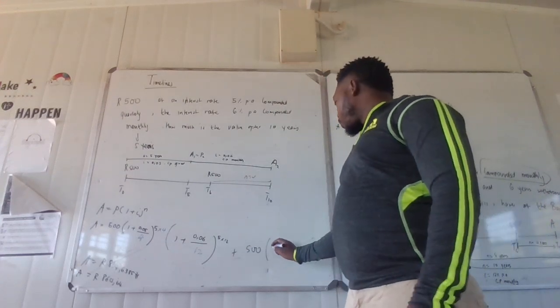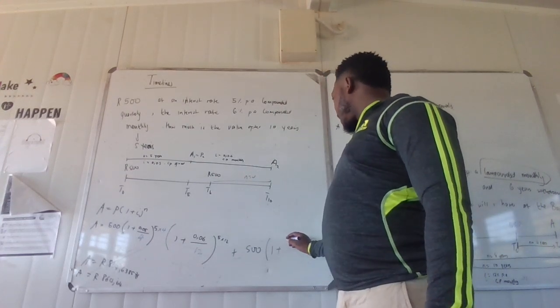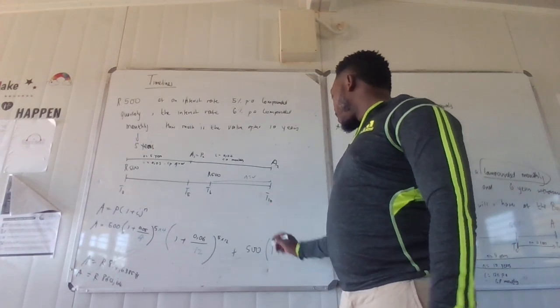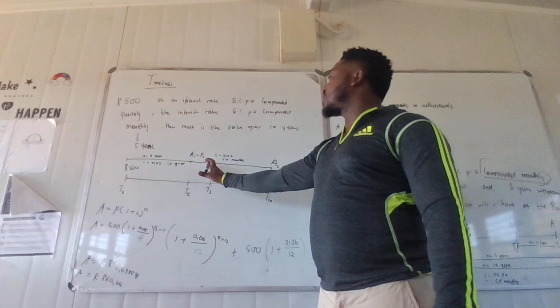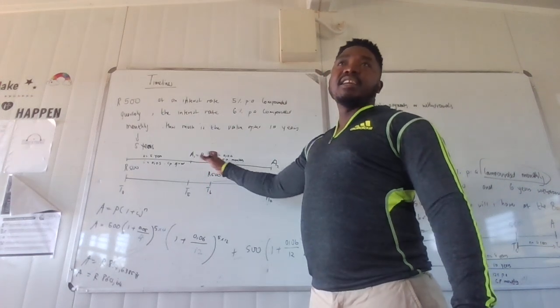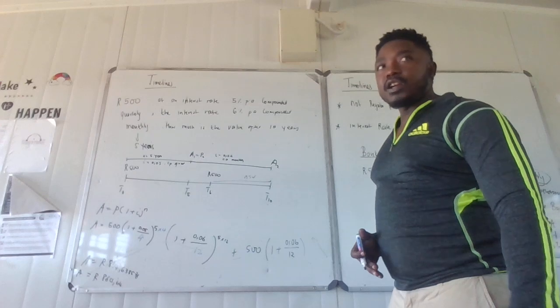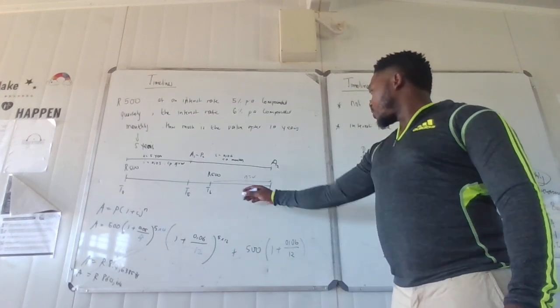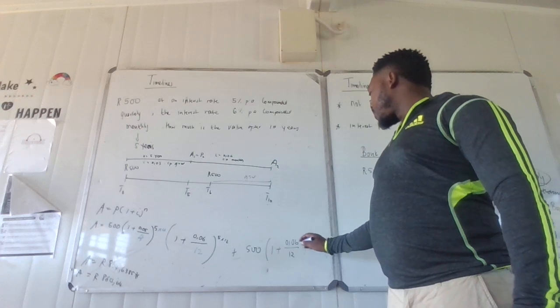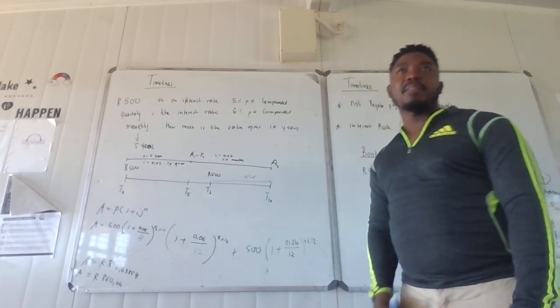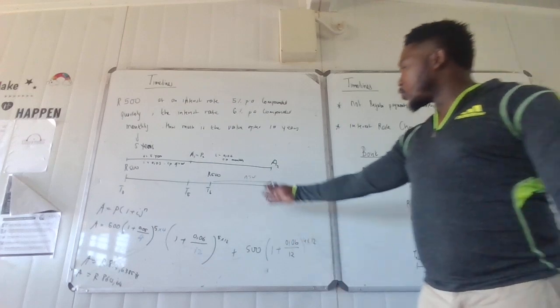So it's going to be 1 plus the interest rate 0.06 divided by 12, compounded monthly, then 4 multiplied by 12. Even if you have a withdrawal, you'll do the same thing.